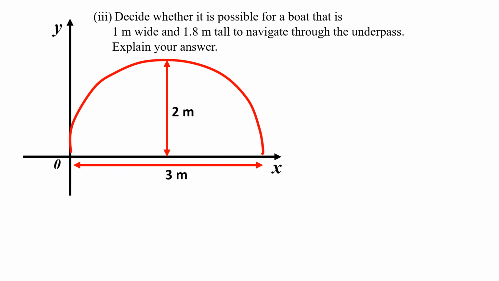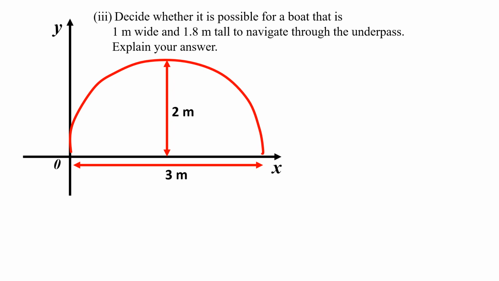All right, let's come to the last part of the question. Happiness is when we finally come to the end of the questions. We need to decide whether it is possible for a boat that is 1 meter wide and 1.8 meters tall to navigate through the underpass.